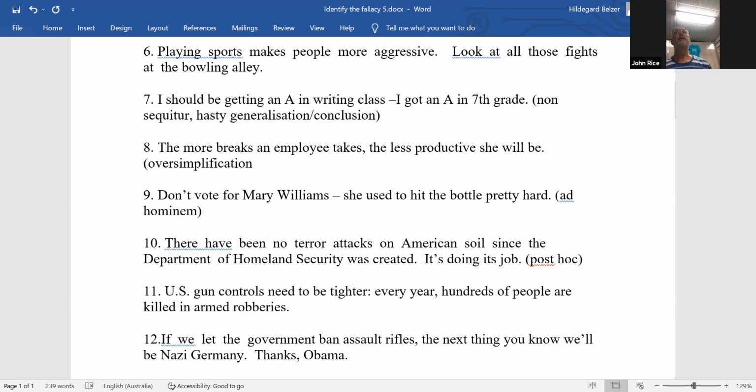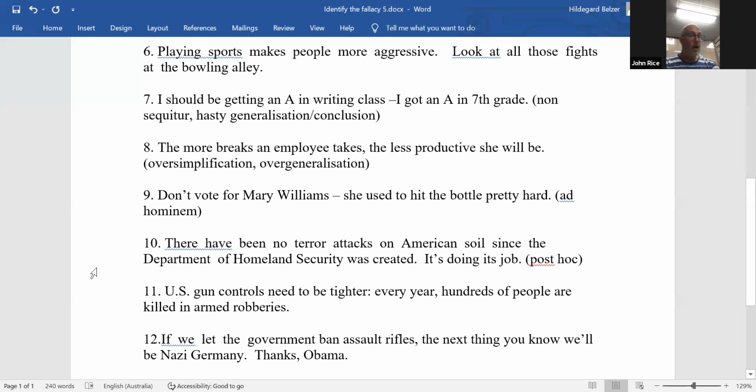There would probably be differences in what kind of work you do. Some work demands more breaks and you're actually more efficient if you do take them, others less so. So it is simplifying it, oversimplification, I like that, and overgeneralization. So we've got just our last two, 11 and 12. Which one is it on 8 then?